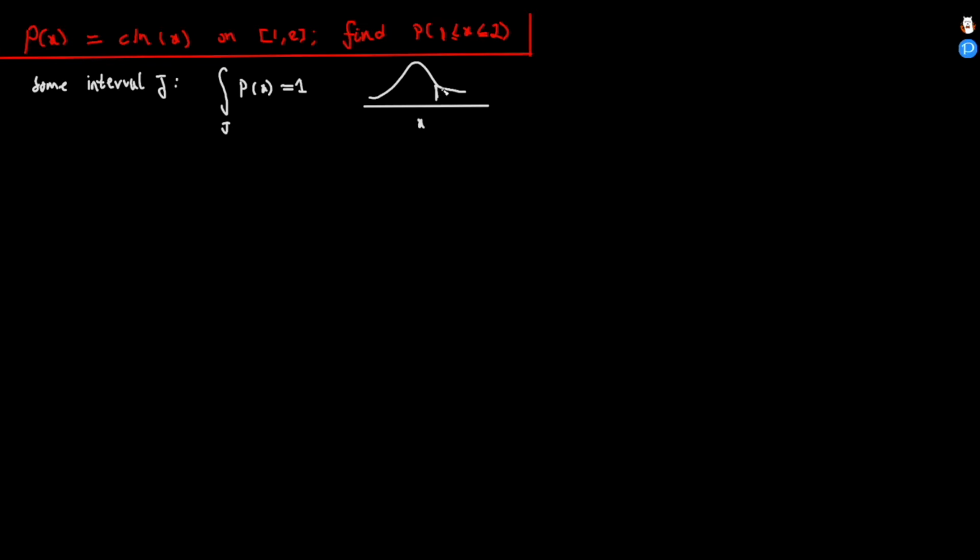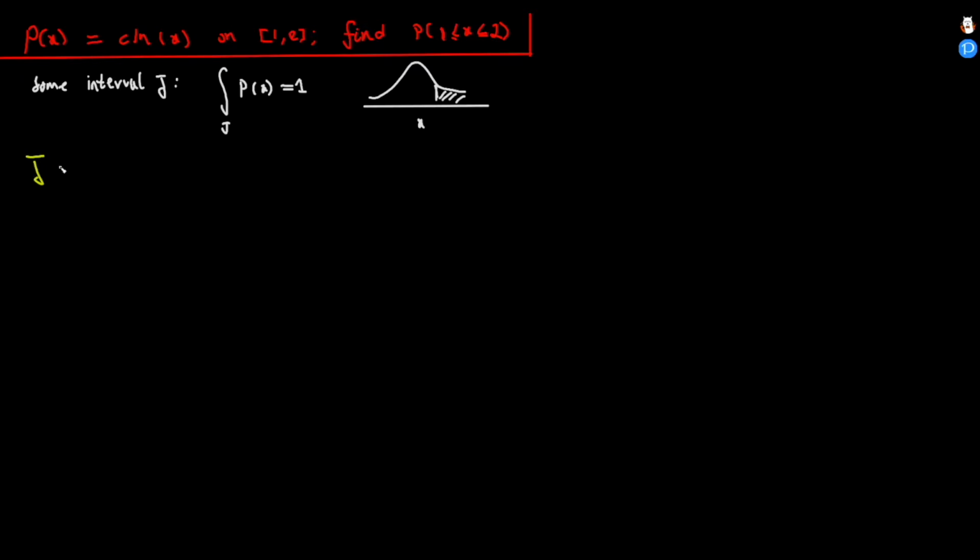So if you want the probability of x taking a value greater than some point, we're looking for this area. The area under this entire curve is going to be 1, because the probability of x taking a value in that domain is 1.